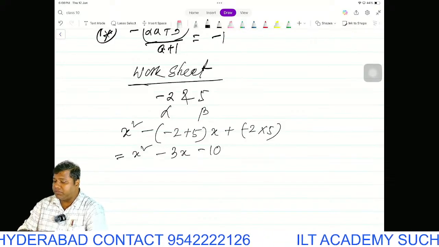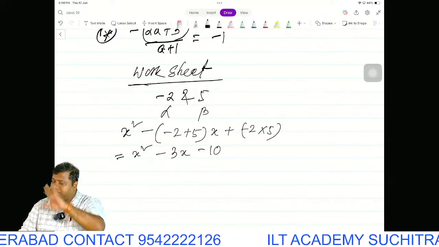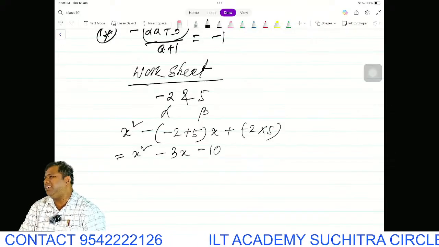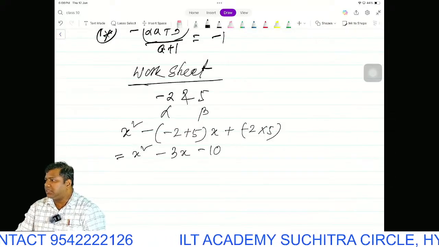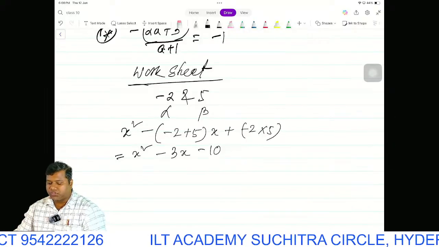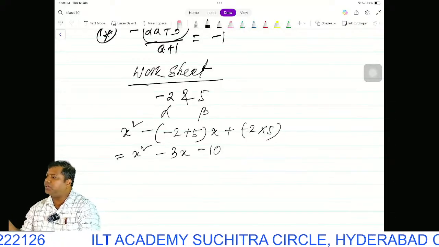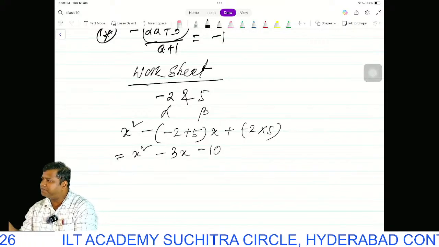Okay? Now tell me, today only when we were solving the homeworks, what we discussed? If we multiply any polynomial by any real number, the zeros will not change. So if I multiply this polynomial by 2, then also its zeros will be minus 2 and 5.